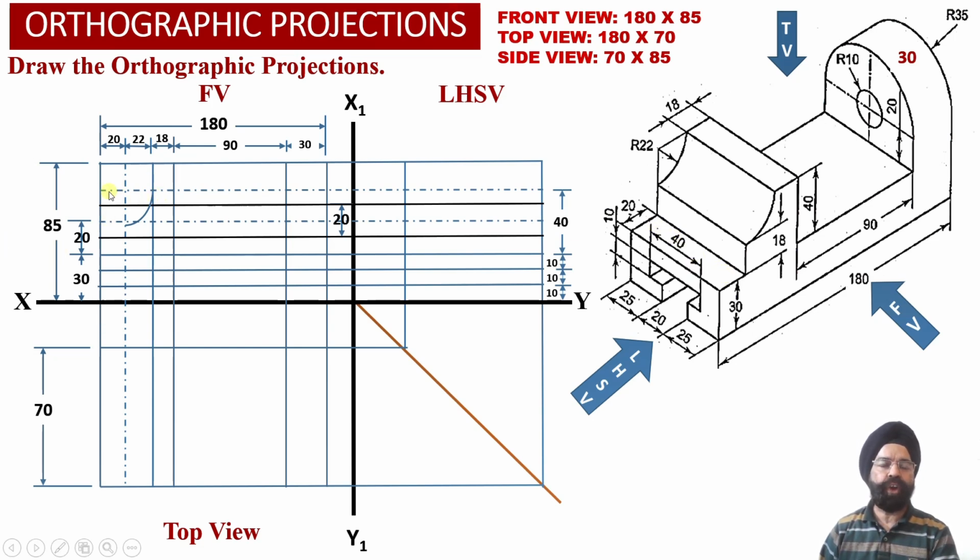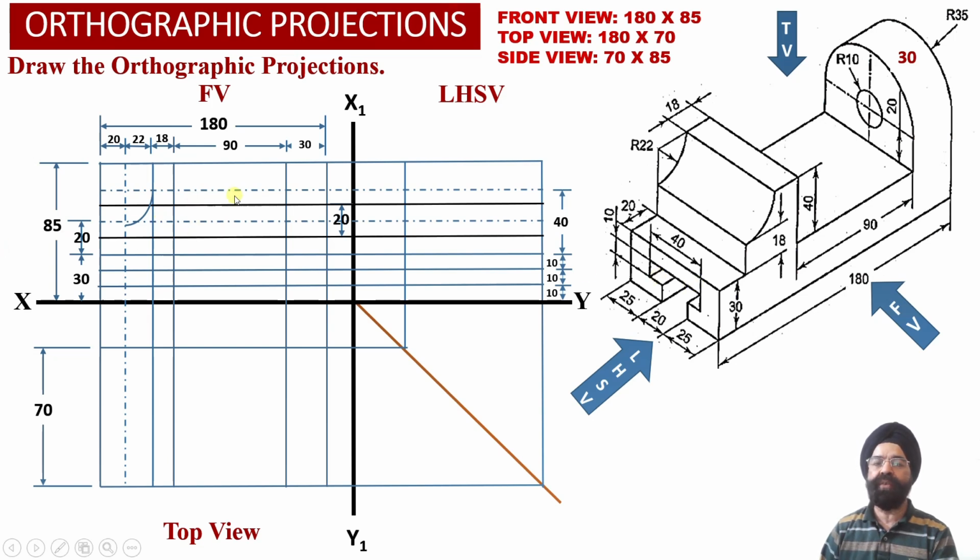So once we draw this center line at a height of 40 plus 30, 70 millimeter above the ground, we are able to obtain the top surface of this rectangular block which is resting on top of this horizontal web towards the left hand side portion of the solid.